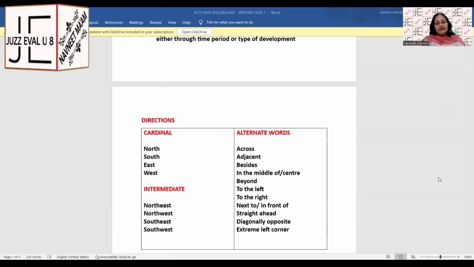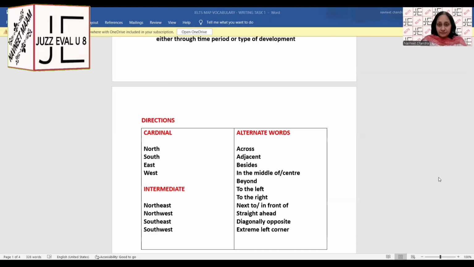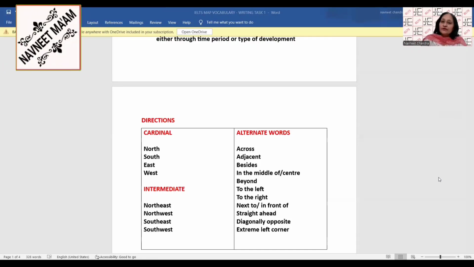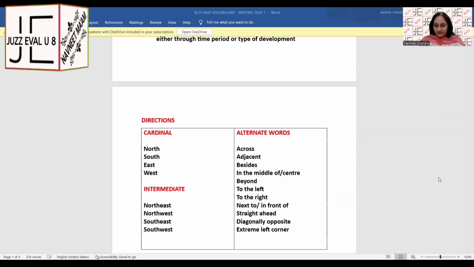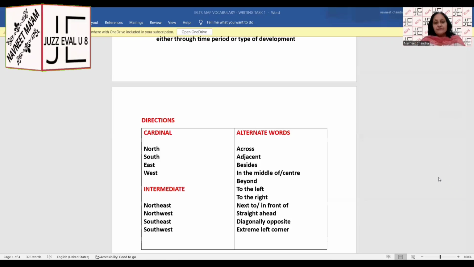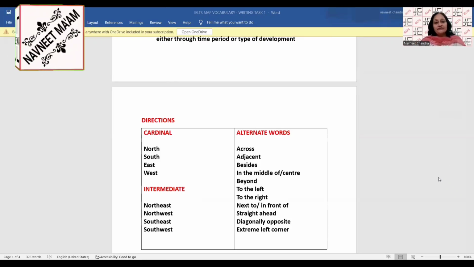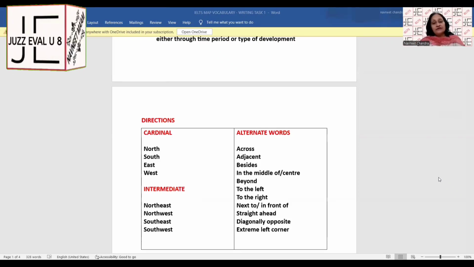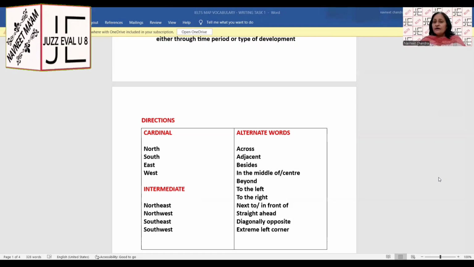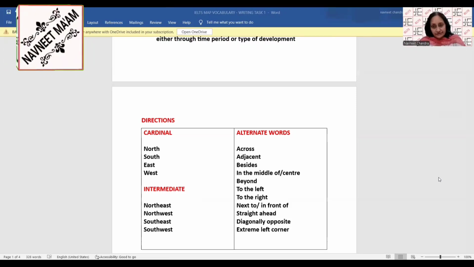Now, in a map, directions are of utmost importance. So you can either talk through cardinal directions, that is north, south, east, west, or intermediate like northeast, northwest, or you can use alternate words.